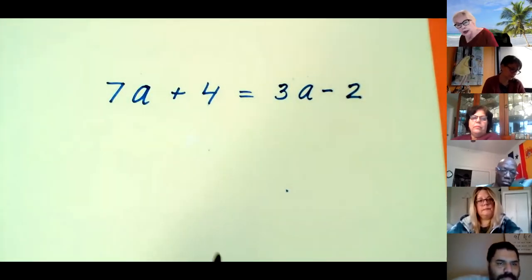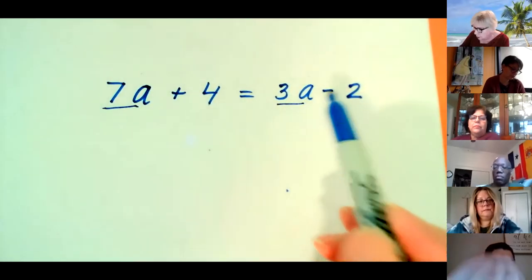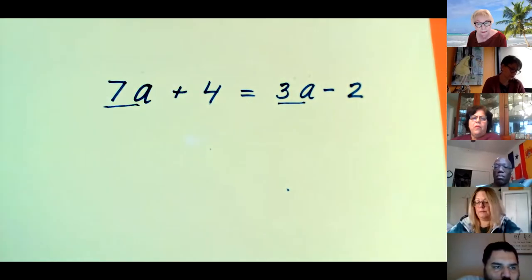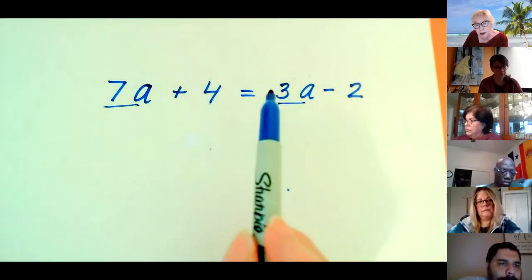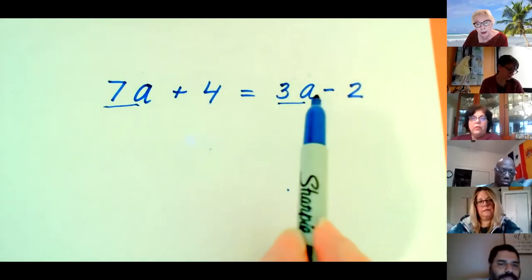And so this is what I would recommend you do. This is 7A, this is 3A. I would always target the smaller one. This is assumed to be plus because there's no negative on it. And so I'm seeing this as plus 3A.